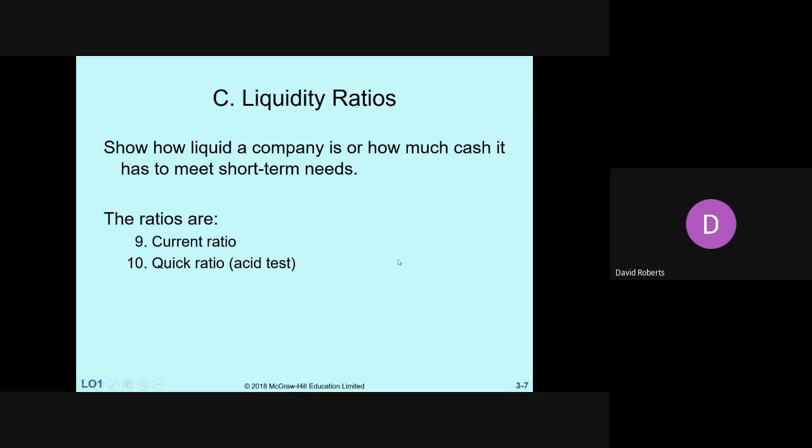Liquidity. This has the ability to determine whether the company can pay their bills as they come due. It's a very important ratio. So you have 2. You have the current ratio and the acid test ratio, which is very similar, except it removes inventory, because sometimes inventory is quite liquid, like a 7-Eleven store.